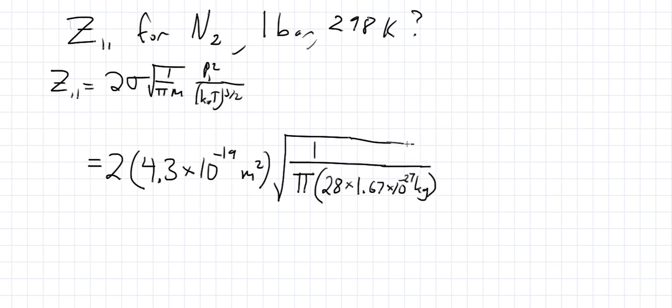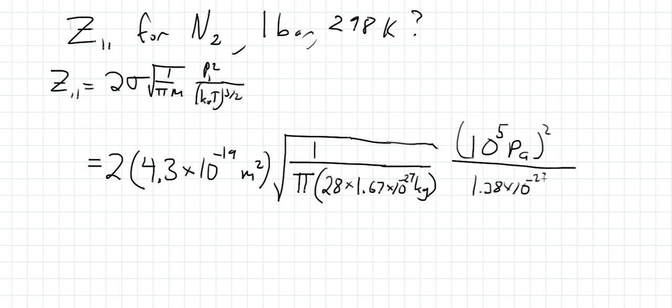So there's a mass of our nitrogen molecule, and then we multiply by the partial pressure. Remember, we got to put this into pascals. We can't leave it in bar, so 10 to the 5th pascals. We got to square that, and then divide by Boltzmann's constant, 1.38 times 10 to the negative 23 joules per Kelvin. We're working at 298, and that whole term has to be to the 3/2.